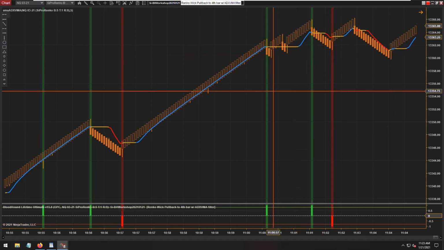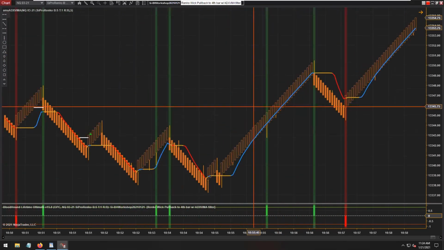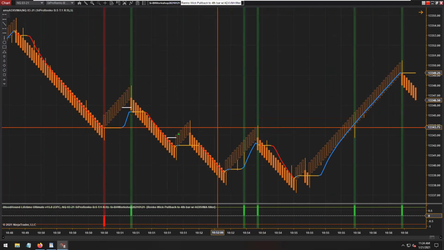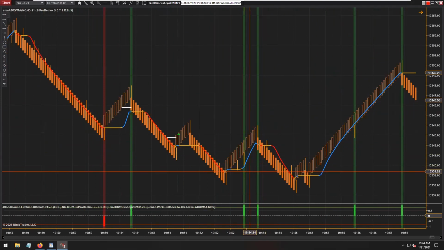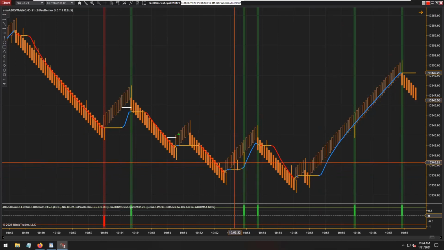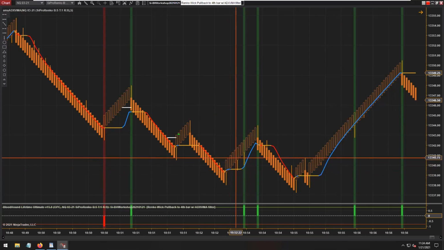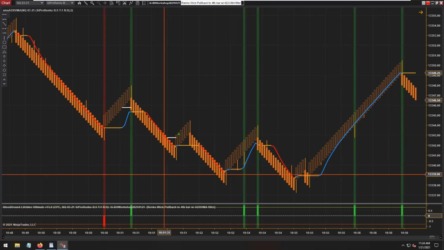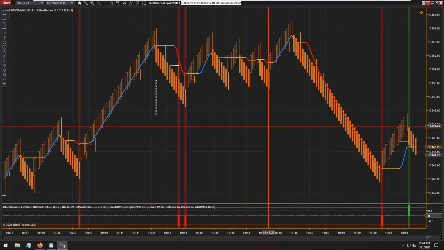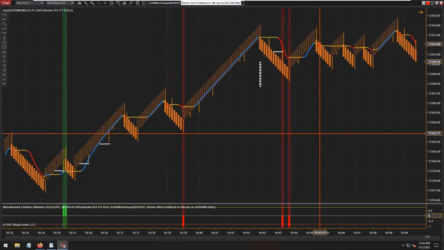I know it is, but let's find an example for solid proof. We almost had an example there, but the ADX just happened to turn up. This one here? No, that wick did not pull back far enough, and it happened too early. Oh, here we go.